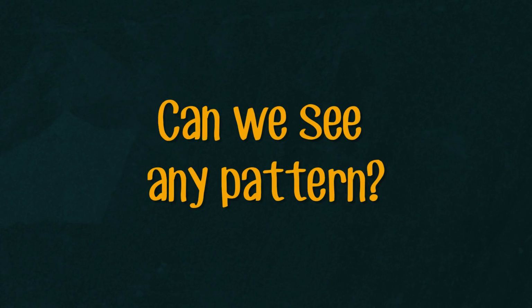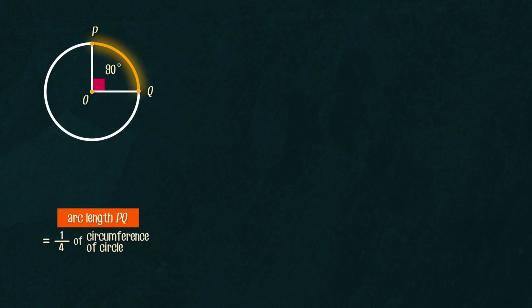Now, did you notice any pattern? Let's study them again. In example 1, we can see that when the arc PQ is 1/4 of the circle, the subtended angle is 90 degrees. The ratio of 90 degrees to 360 degrees is also 1/4.